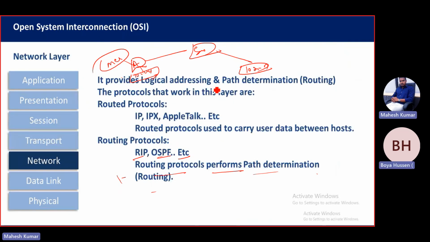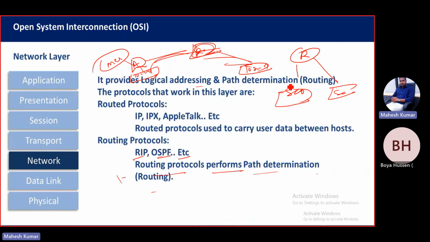And for path determination, it is finding the path. Let's suppose it is a router, not a switch. Just a minute, this is not a correct example. So this is the router to the switch, and again we have one more router, one more interface, one more switch.